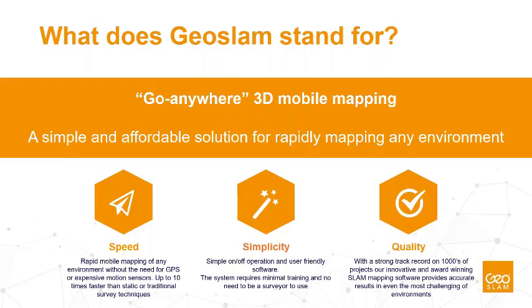Of course, it always depends on the project. Sometimes it could be 20 times, sometimes 5 times. But in general, in typical environments like buildings, indoors, we are usually 10 times faster than the traditional terrestrial technologies.